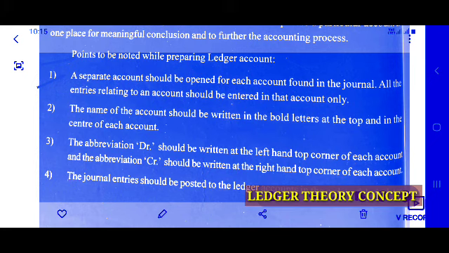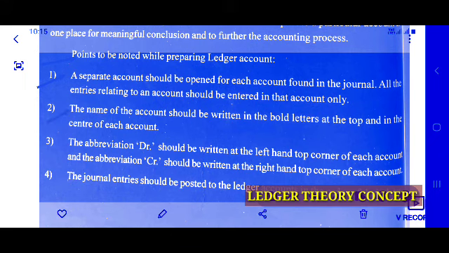So with the help of journal, if you get all the entries in the journal, whatever accounts you get, the same accounts you are going to open, and all the entries will be recorded in accounts only.